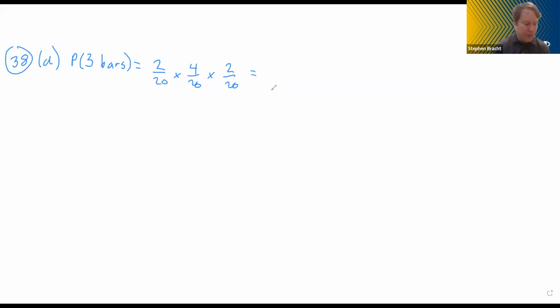If I reduce these fractions, I get 1/10 times 1/5 times 1/10, or when I multiply, I get 1 out of 500. So the probability of getting a bar on all 3 wheels is 1 out of 500.